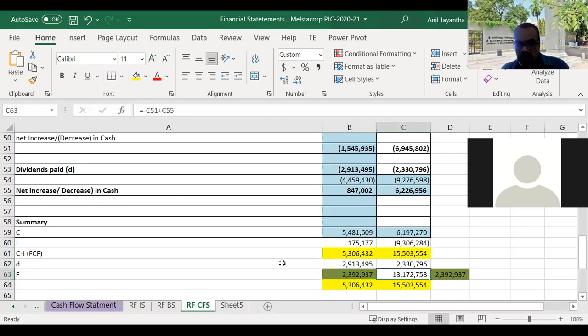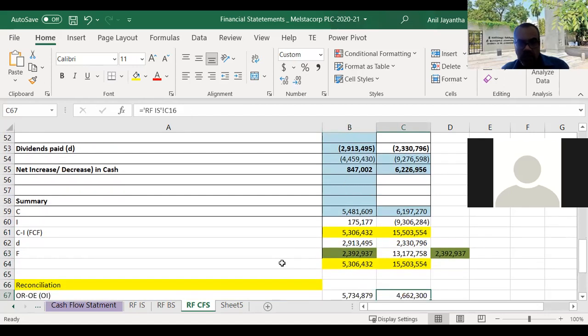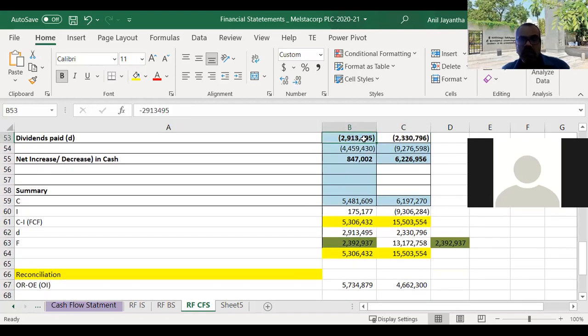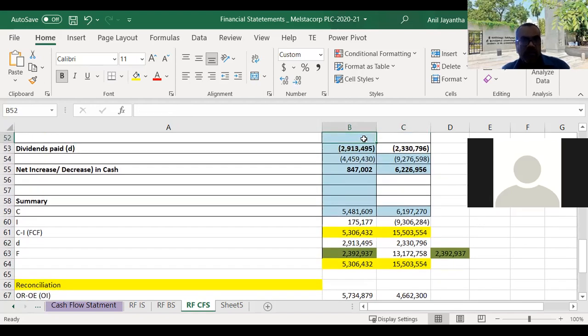So this is the reconciliation, but I also noticed one difference. Okay, here. So this is the summary. Now you have the total free cash flow of this much. That should be divided into two like this. So this is 2.9, that is B53. That is coming from dividend paid, right?